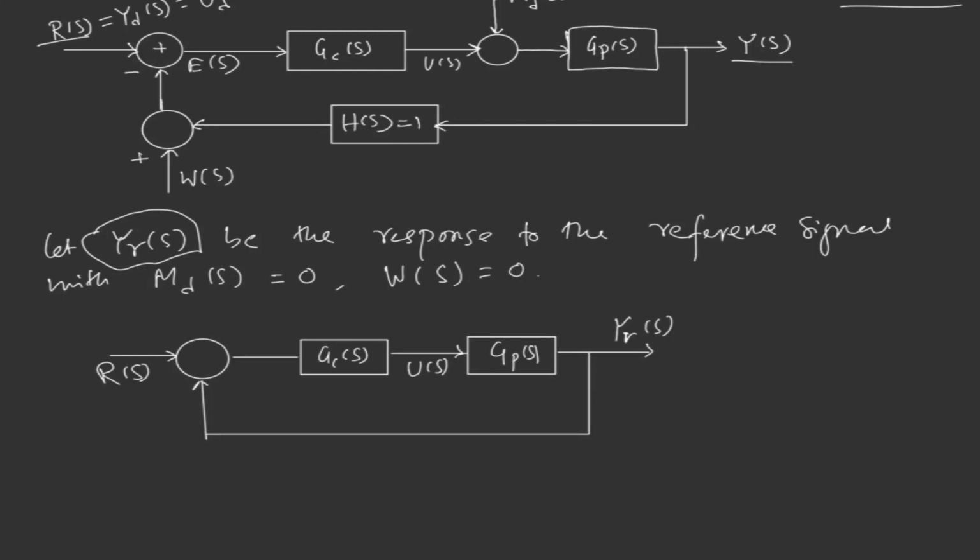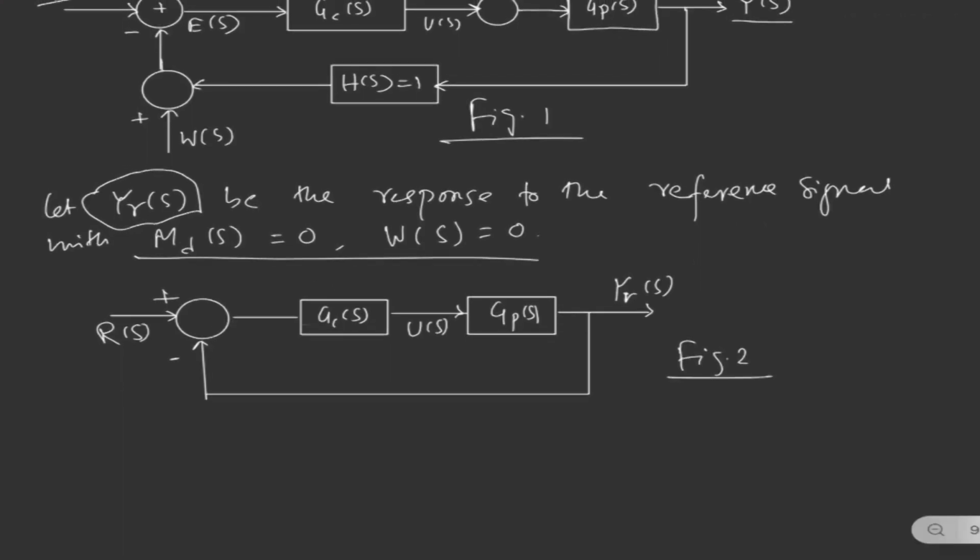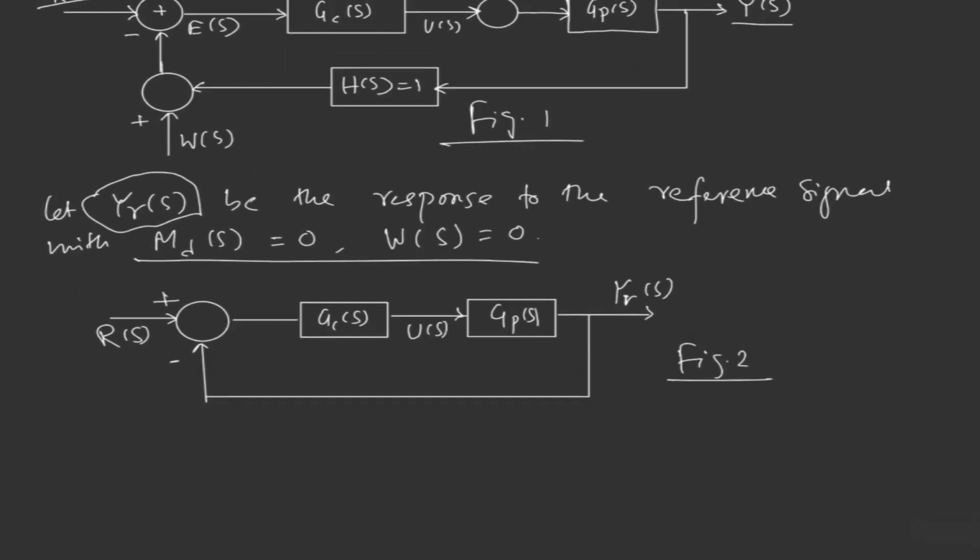This is my negative feedback, this is positive. So this is how, in this condition, we can draw the block diagram. Let me call this figure 2.